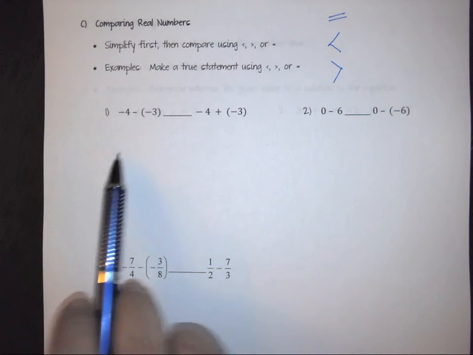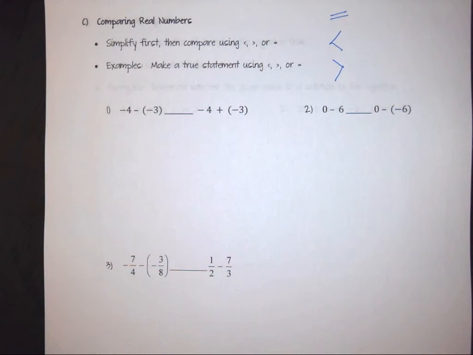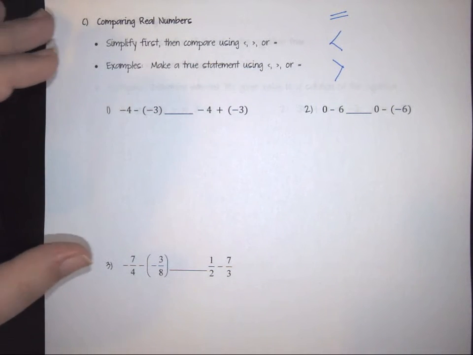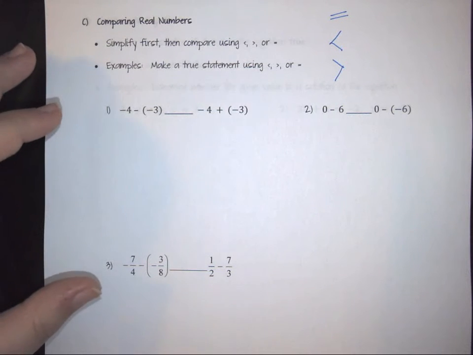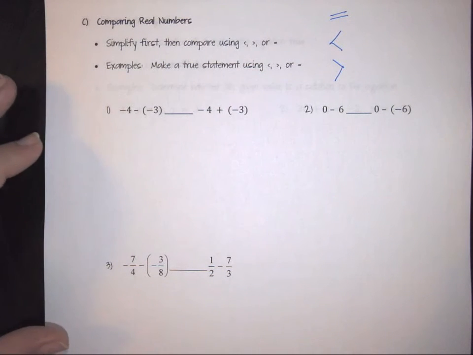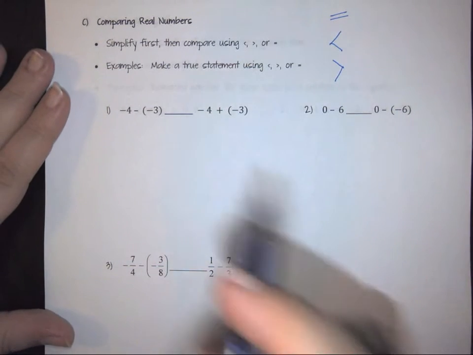Well, notice on each of these examples I have expressions on either side of my blank, and so you have to simplify the expression to really figure out which is which. So the biggest advice I can give you here is not to assume which is which, but instead to actually prove which is which.